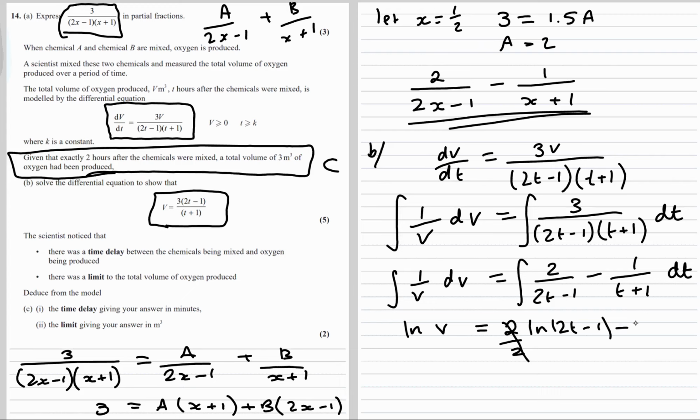And we've got minus ln(t plus 1), then a plus C on the end.